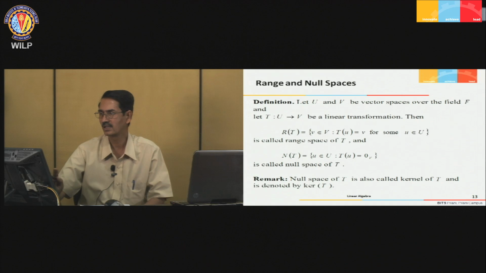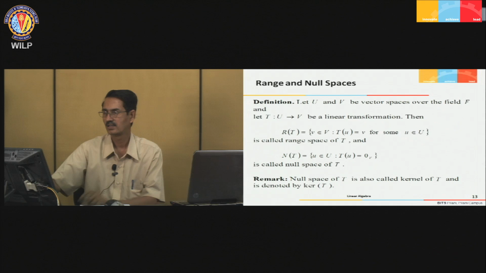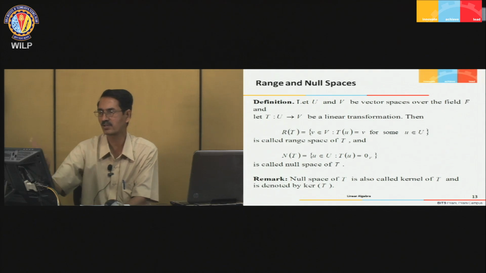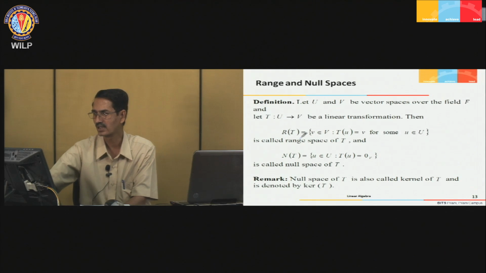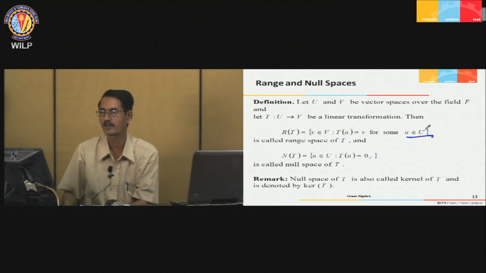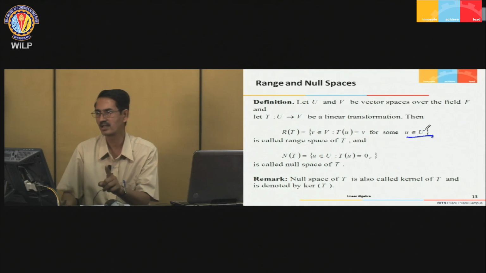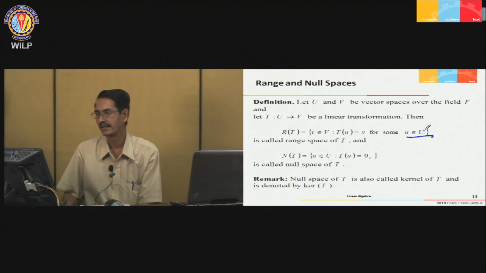Range space of T, T is a linear transformation from U to V, then range of T, first of all, will be a subset of V, not U. So range of T is the set of all elements v coming from V, such that T of u is equal to v for some u coming from U, and this set is called range space of T. It is the set of all elements of the type T of u, where u is coming from the domain set U.